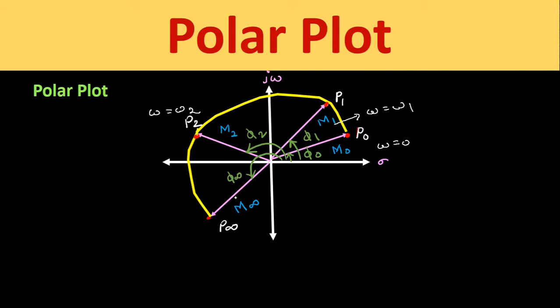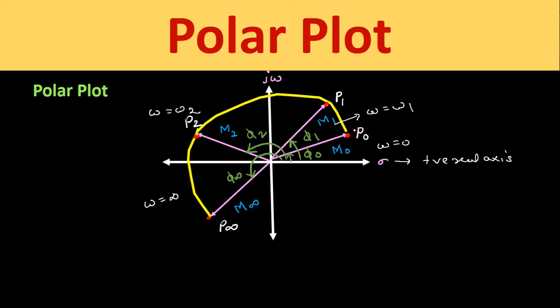Similarly, we measure the angle phi infinity, corresponding to omega equal to infinity, and on this line we measure the magnitude M infinity and represent the point P infinity. Always remember to measure the phase angles from the positive real axis.